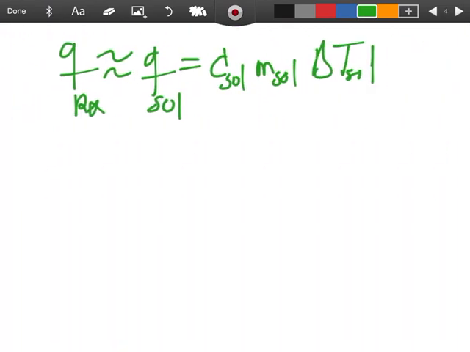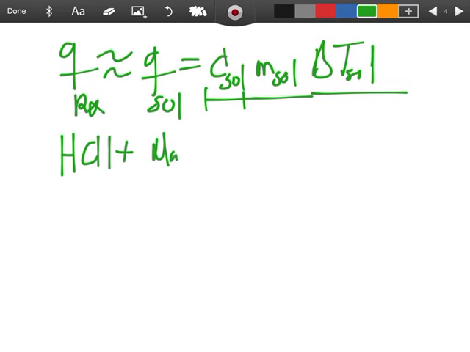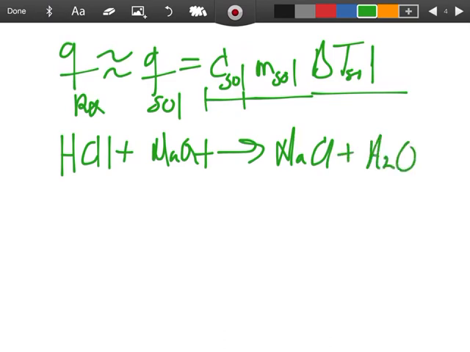Very well. We can measure this, but we have to do something about this, right? It's going to be very difficult to measure for our system HCl plus NaOH, right? That's going to give me NaCl plus H2O, the specific heat capacity only for this system.